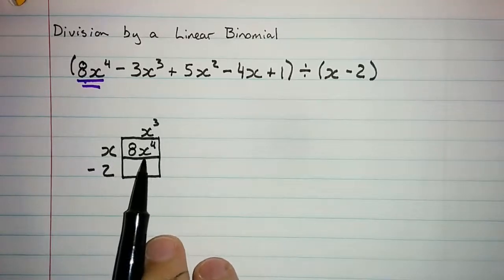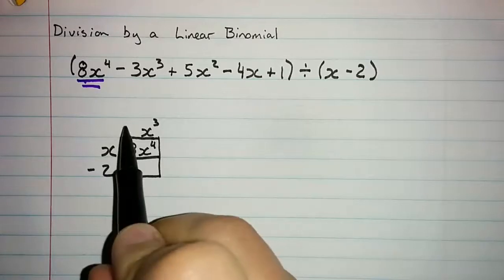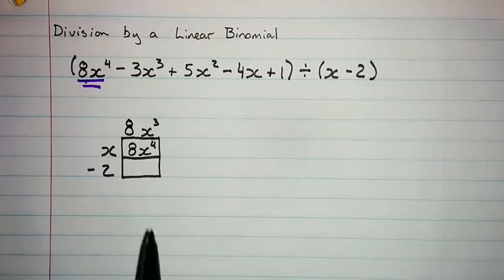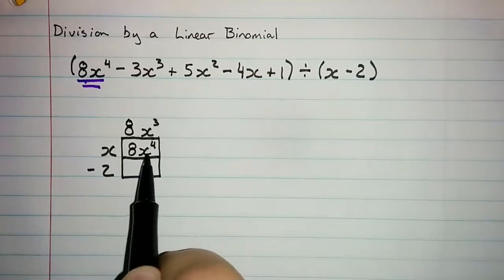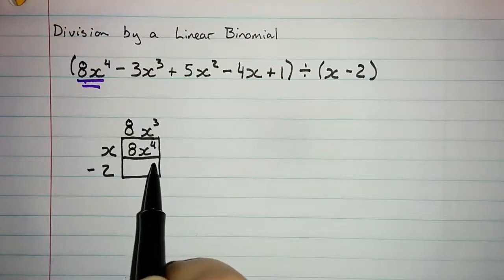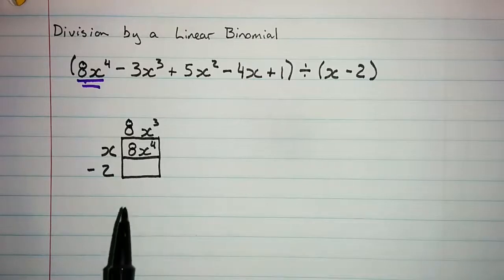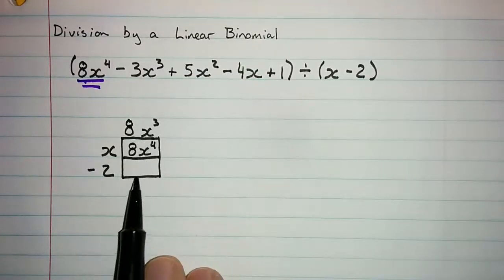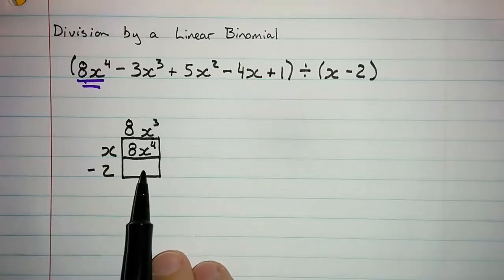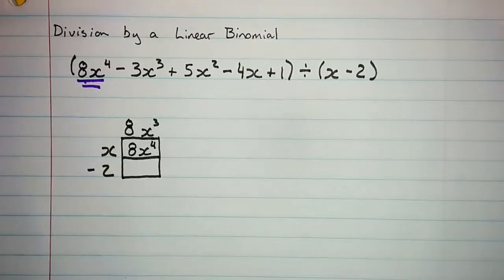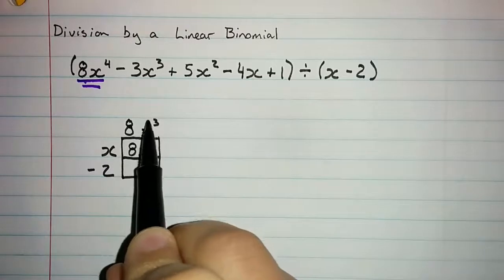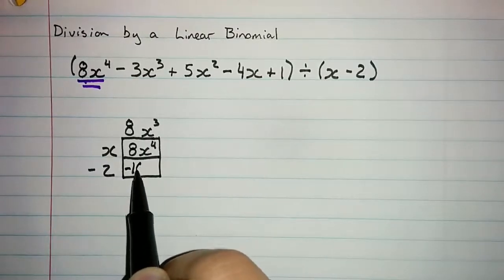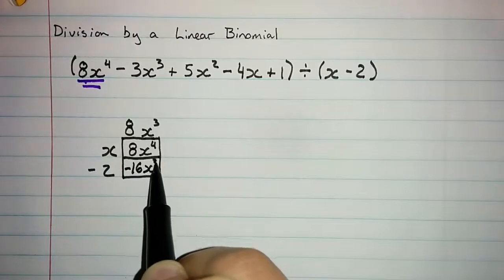That means this term of my quotient has to be 8x cubed. Right? This is the only x to the fourth term in my product. But now I know what has to be here when I do my multiplication. I'll have to have 8x cubed times negative 2, so negative 16x cubed.